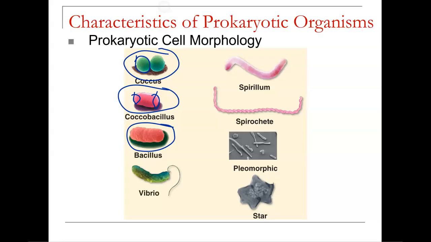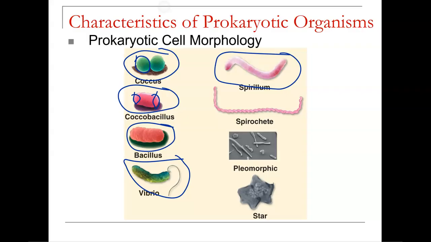Next, we have the vibrio. That's going to be what we refer to as a comma-shaped bacteria cell shape that we will see sometimes. Up on the right hand side, you will have what's called a spirilla or spirillum. That's this one here. It's often referred to as being a stiff spiral shape.